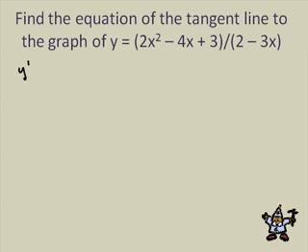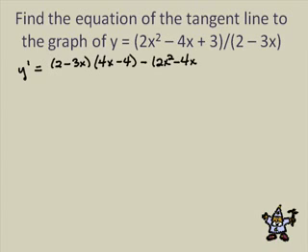Following along with our quotient rule, we take the denominator times the derivative of the numerator, minus the numerator times the derivative of the denominator, all over the denominator squared.